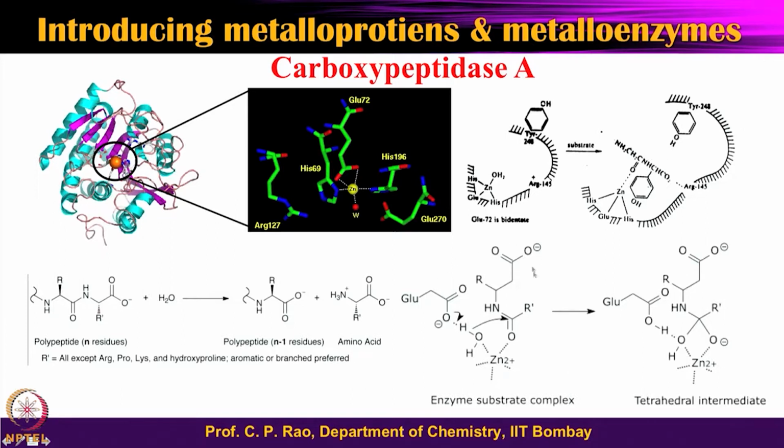Another way of understanding this is that the zinc-bound water can be easily converted by the neighboring glutamate into hydroxide. This hydroxide can attack the peptide bond and thereby form a four-membered intermediate, just like the one we have seen in the previous case for the hydration of carbon dioxide.